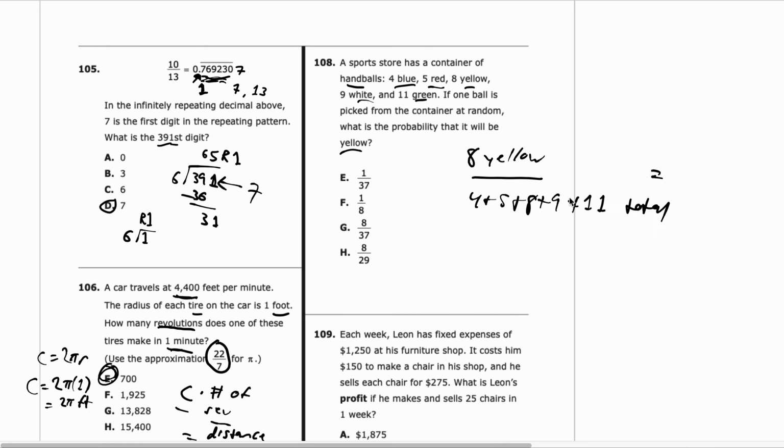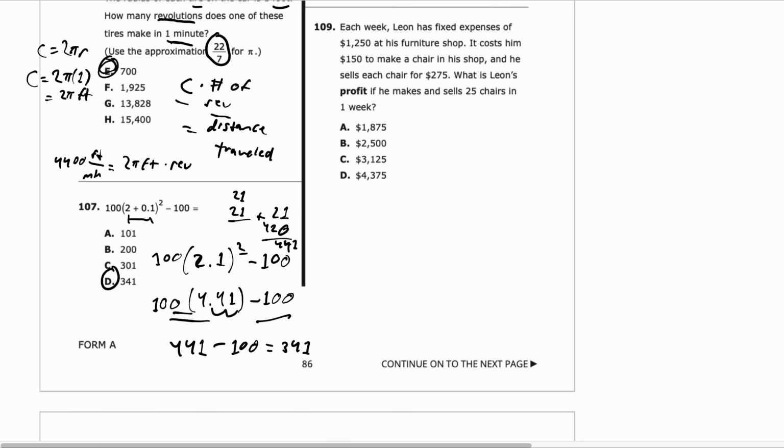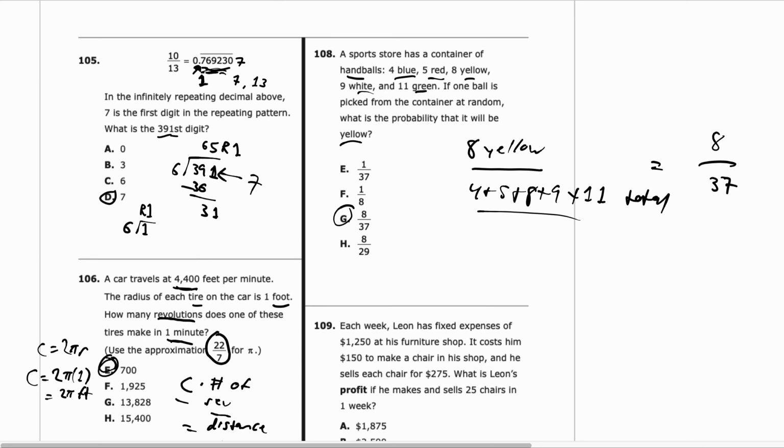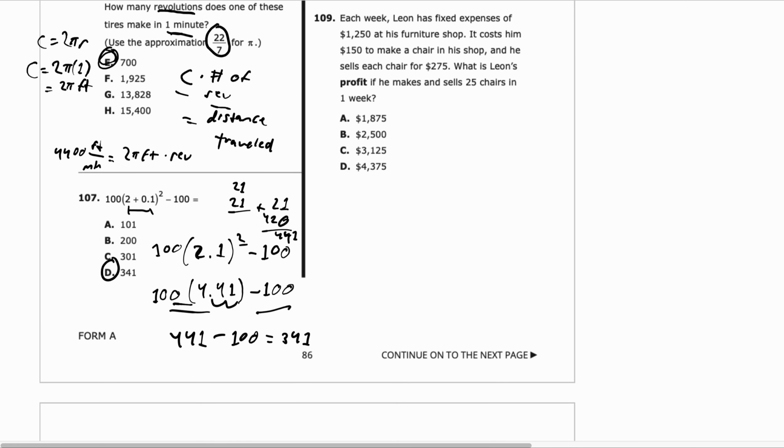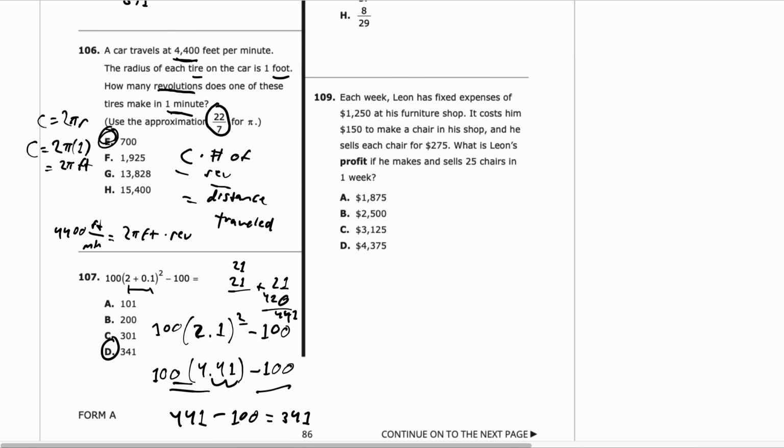So the probability of a yellow is going to be 8 over 37, if you add these up. So that would be G.